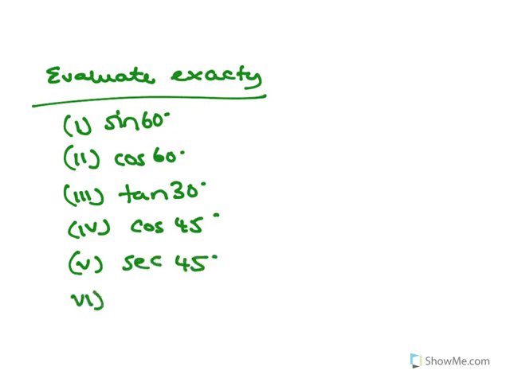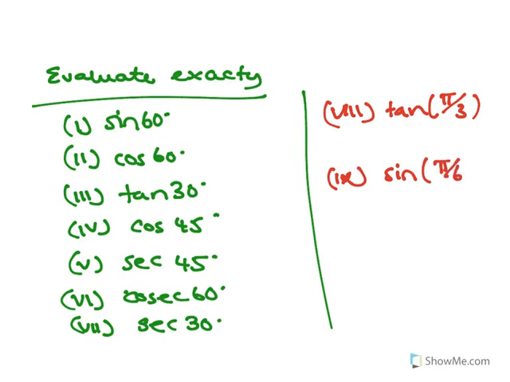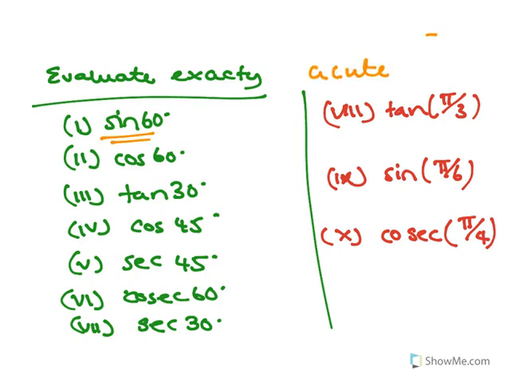Sec 45, cosec 60, and sec 30. And why don't we also do a couple in radians as well? So tan pi on 3, sine pi on 6, and cosec pi on 4.